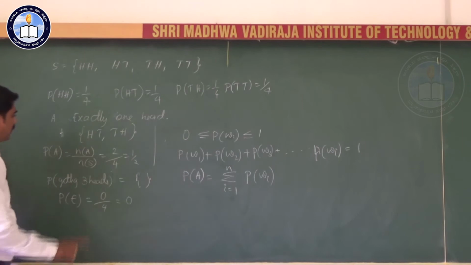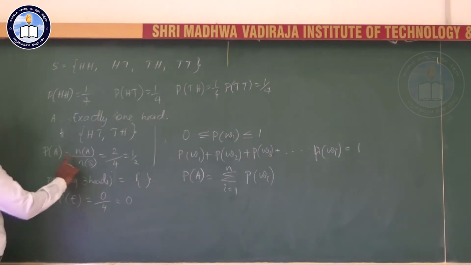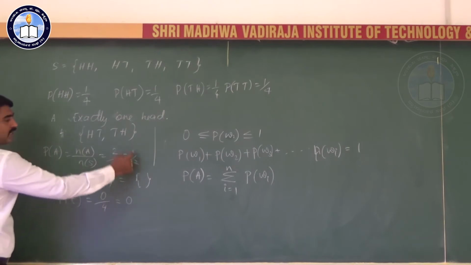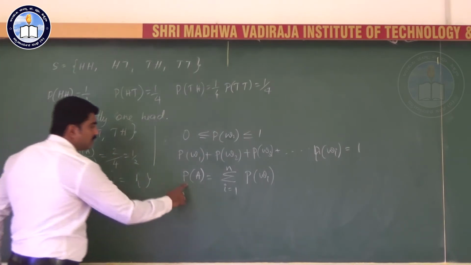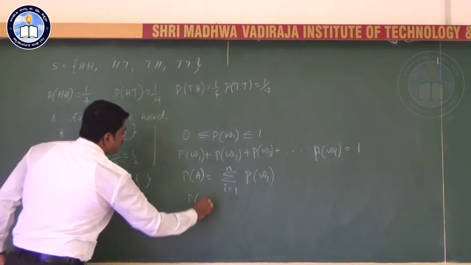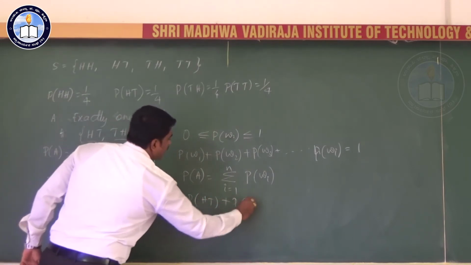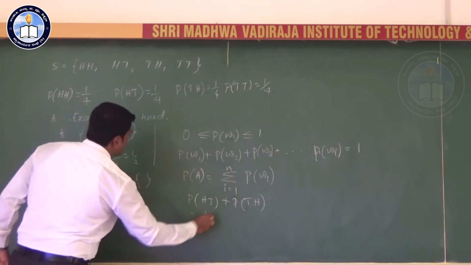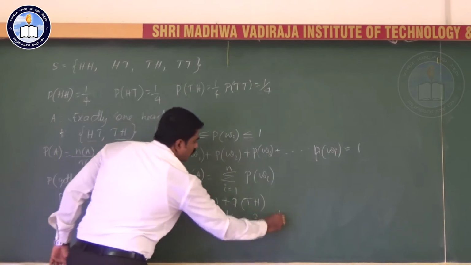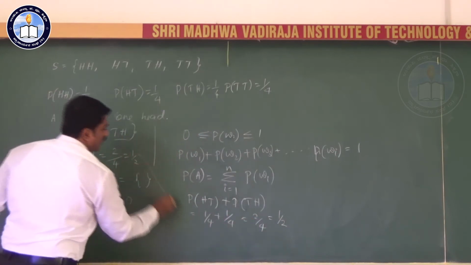For example, here the probability of getting 1 head, if you consider this, we get 1 by 2. According to this, there are two outcomes, hence the probability of getting HT plus the probability of getting TH. So that is 1 by 4 plus 1 by 4, which is nothing but 2 by 4, that is 1 by 2. So we are getting the same thing, right?